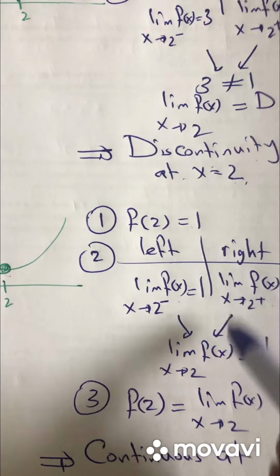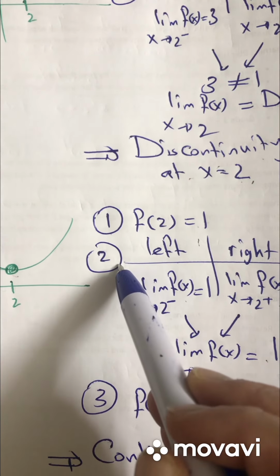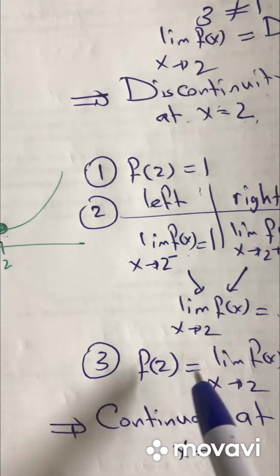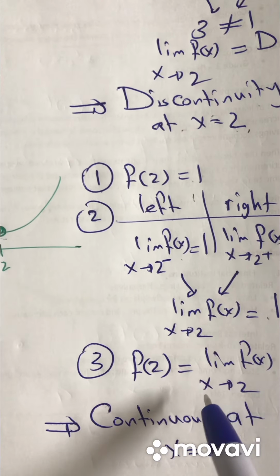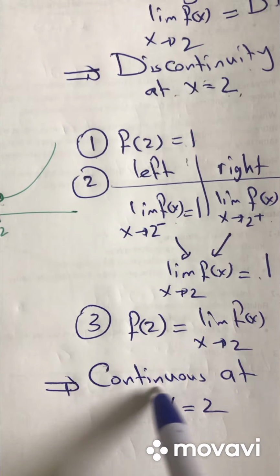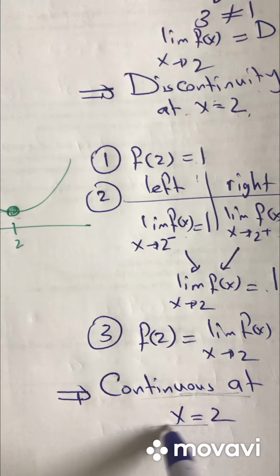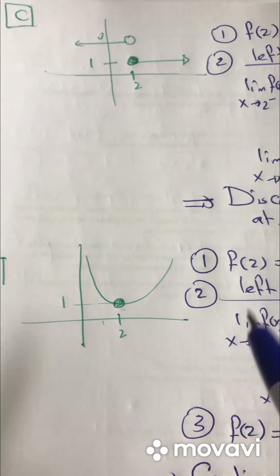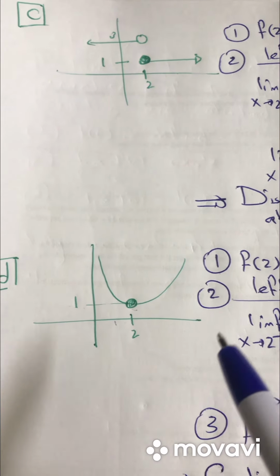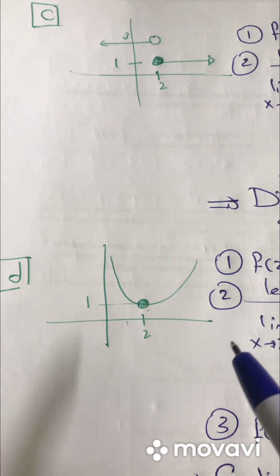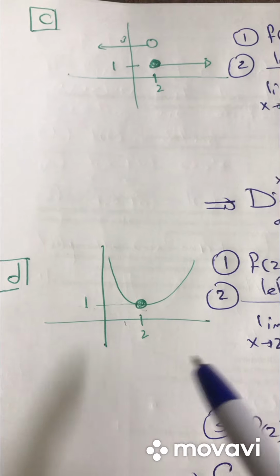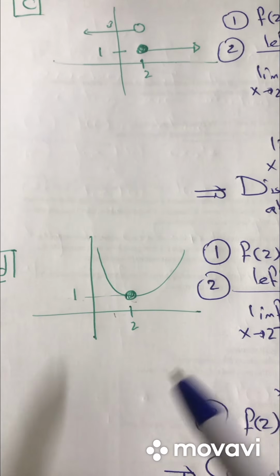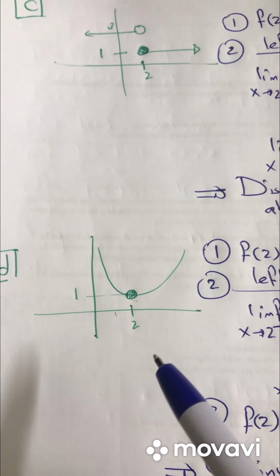So these two are equal: f of 2 is equal to the limit of f of x as x approaches 2. So it's continuous at x is equal to 2. So now, did you understand what we mean by continuous? We will follow the conditions. But continuous means there is no cut in the graph. The graph continues. There is no cut, there is no open dot.